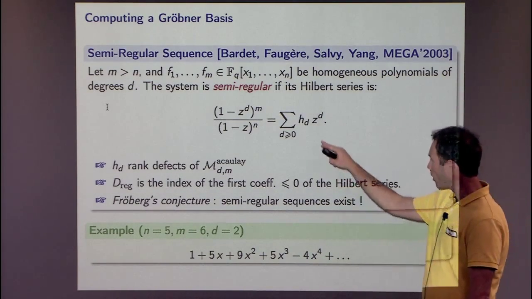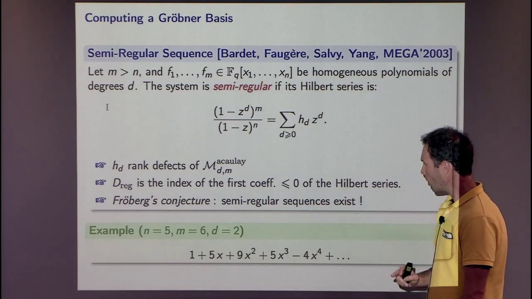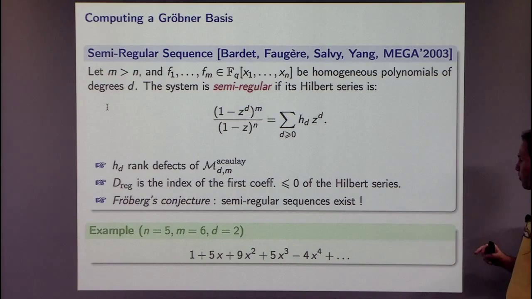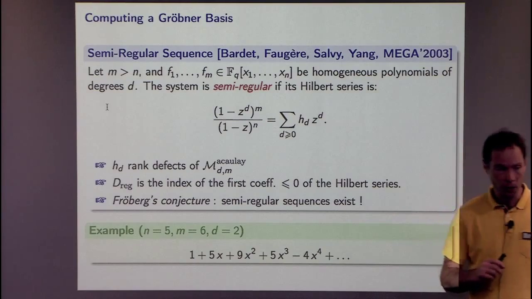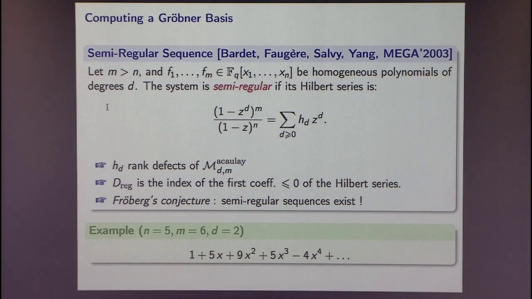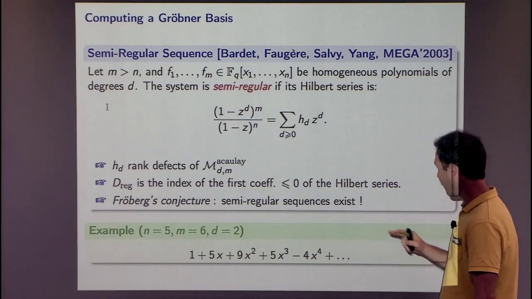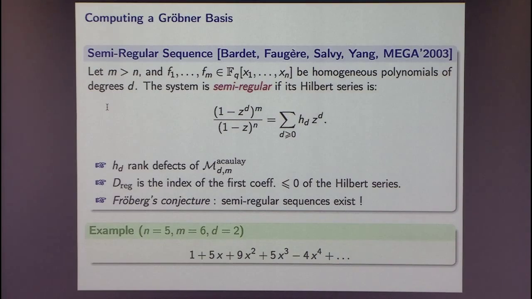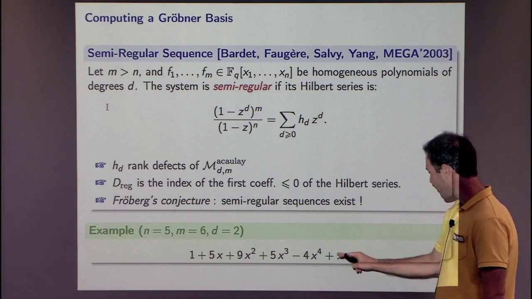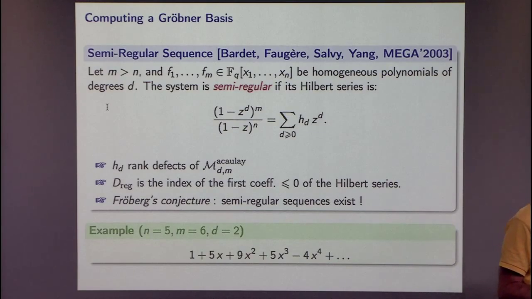From this power series, you can expand it, and you can read the degree of regularity. It's the index of the first coefficient which is 0 or smaller than 0. So this is a small example, and you can see here that the degree of regularity is 4. Okay? And so these semi-regular sequences, you can see the conditions that we impose.